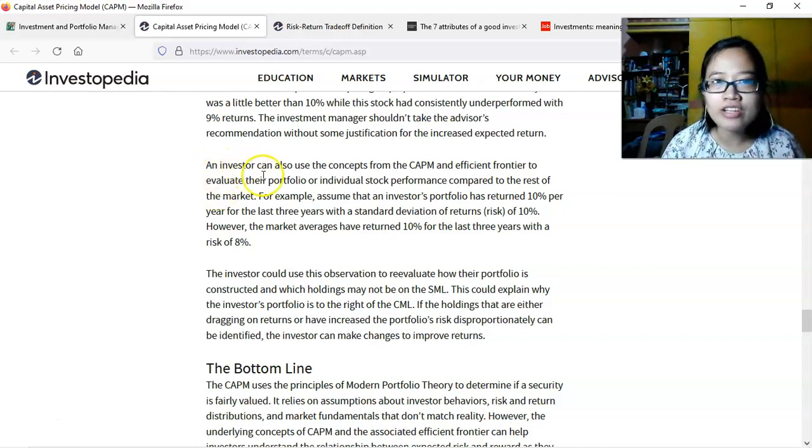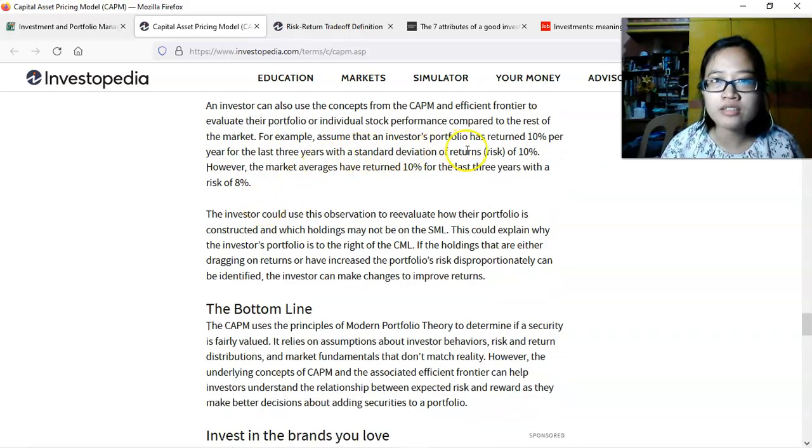Something like that. An investor can also use the concepts from the CAPM and Efficient Frontier to evaluate their portfolio or individual stock performance compared to the rest of the market. So, example niya dito, a portfolio has returned 10% per year for the last 3 years with a standard deviation of returns of 10%. However, market averages have returned 10% for the last 3 years with a risk of 8%. So, yung investor could use this observation to reevaluate how their portfolio is constructed and which holdings may not be on the SML.